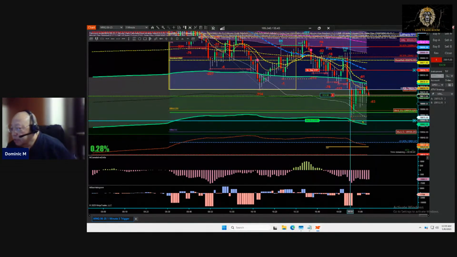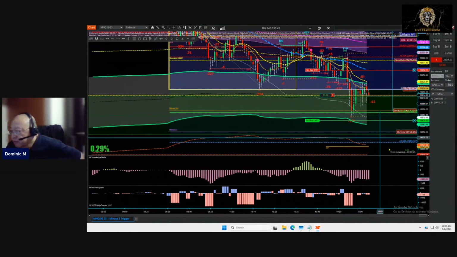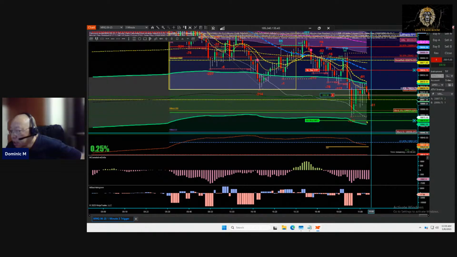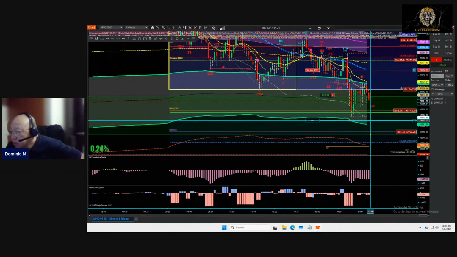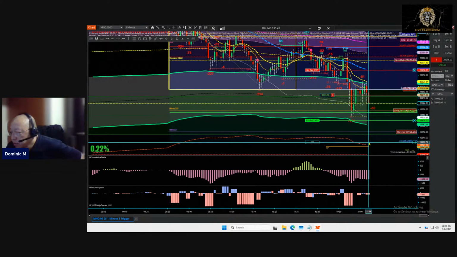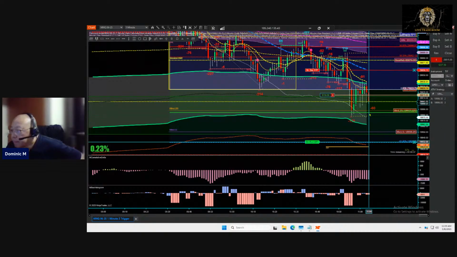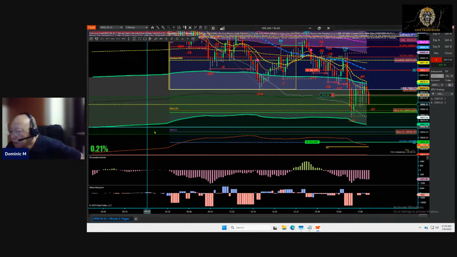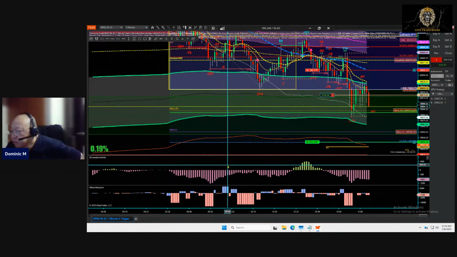Okay. They already reached this right here. That's the 1.25 extension. So that's where they did. The ultimate goal is down here, right down there. Let's see if they bring it down there.